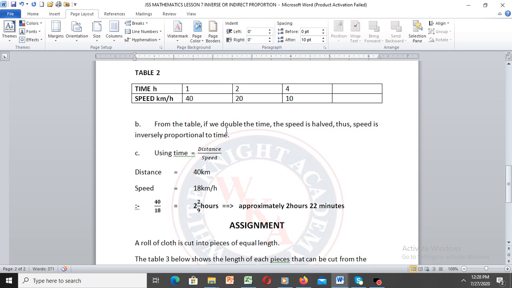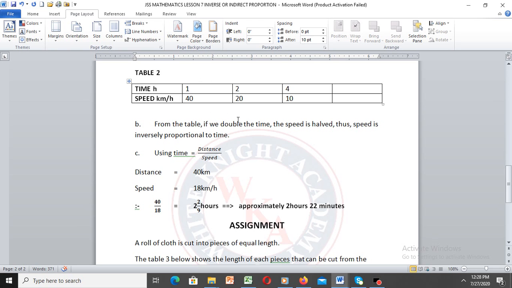So B, from the table we can see that if we double the time, the speed is halved. Thus, the speed is inversely proportional to the time.